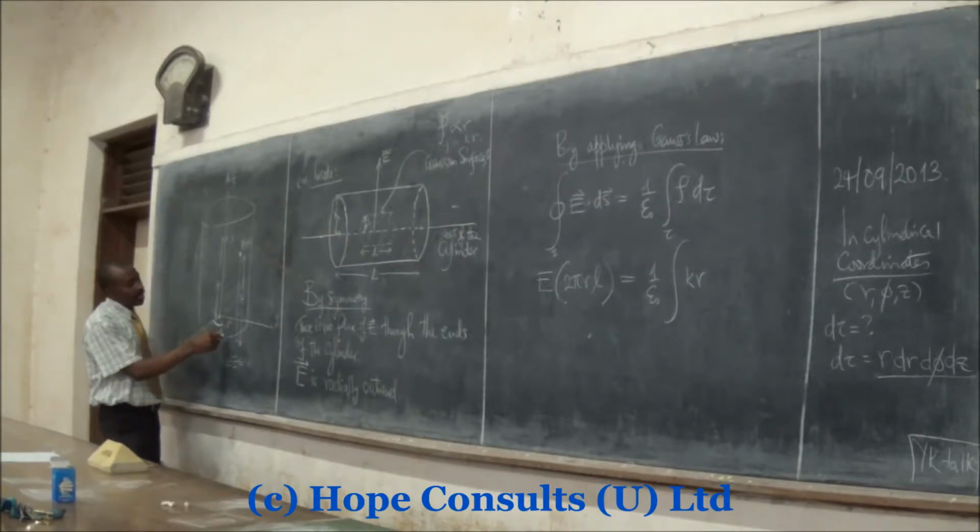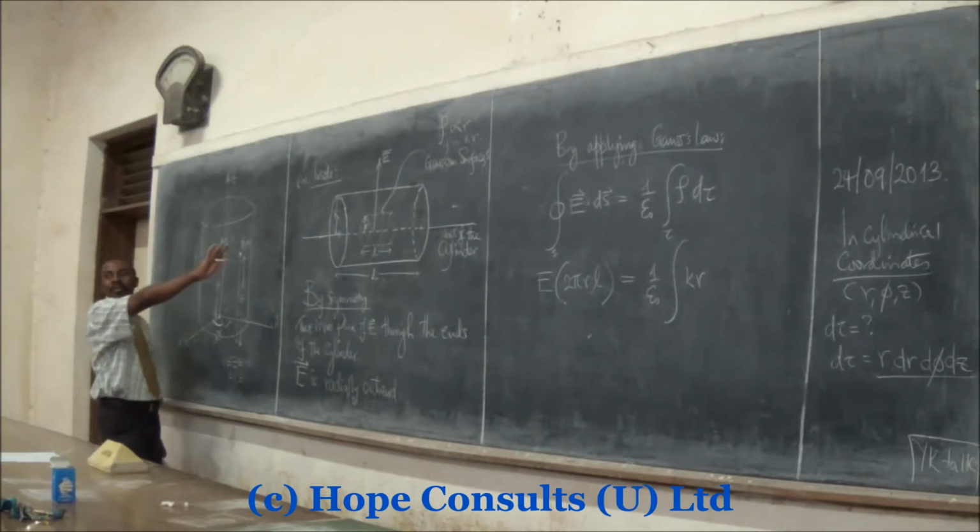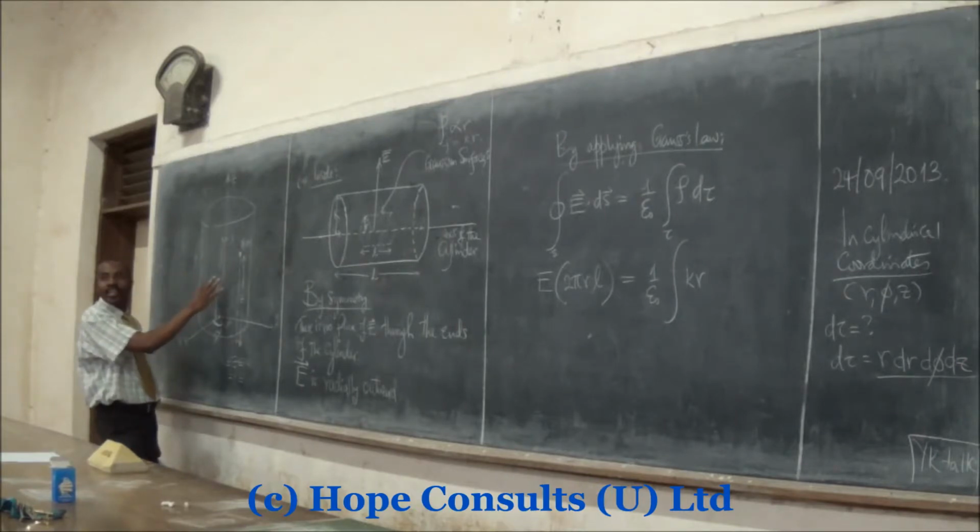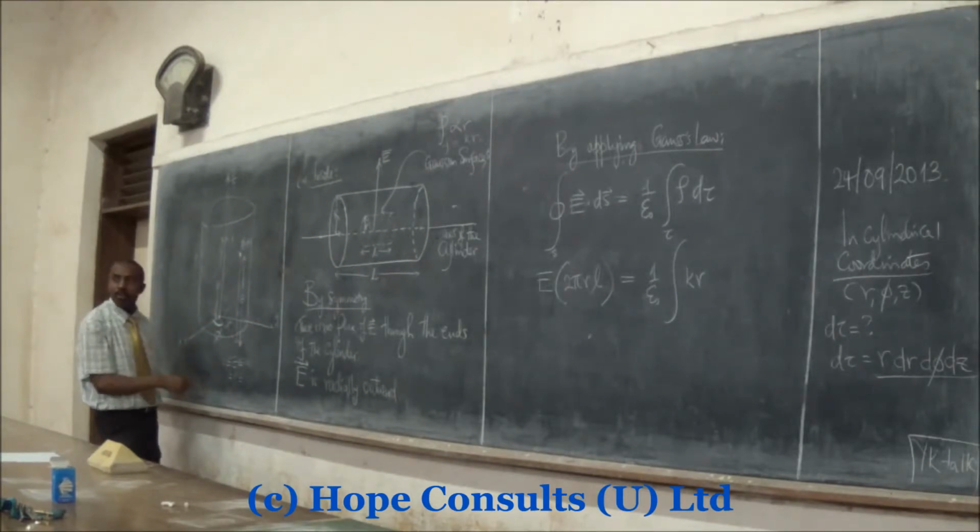And then this R here would be varied from where to where? Forget about the other one. This is the actual theory of what cylindrical coordinates are. So R will be moving from where to where?